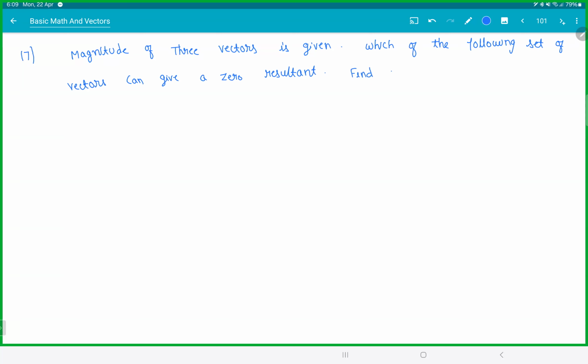Find the angle between them. And find the maximum and the minimum possible values of the resultant.